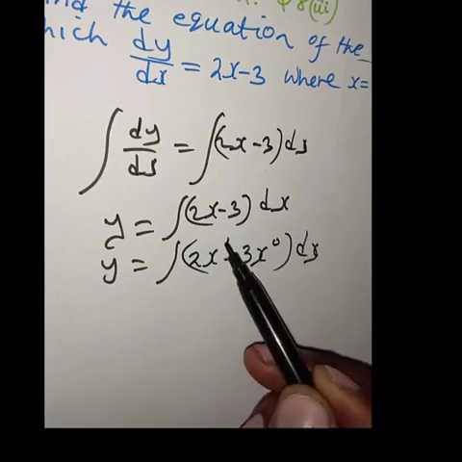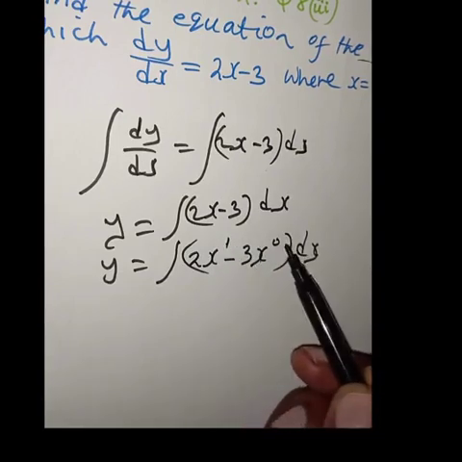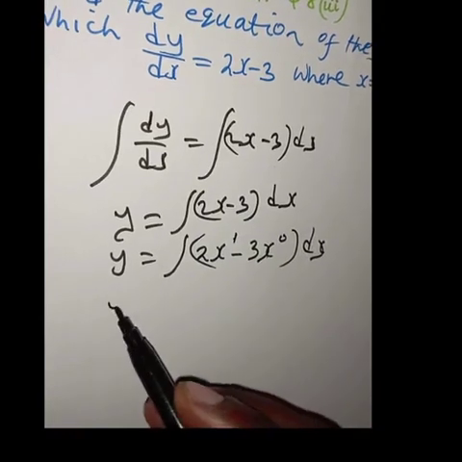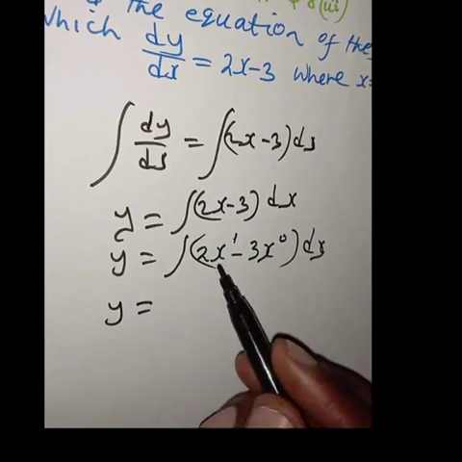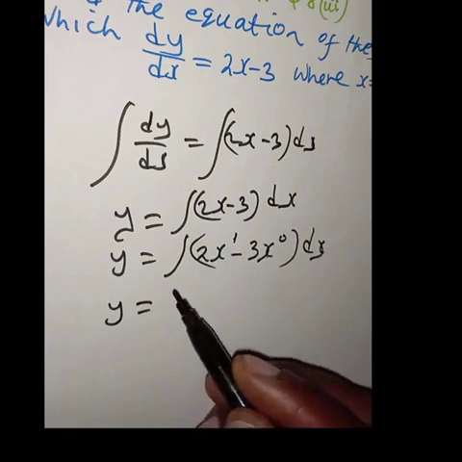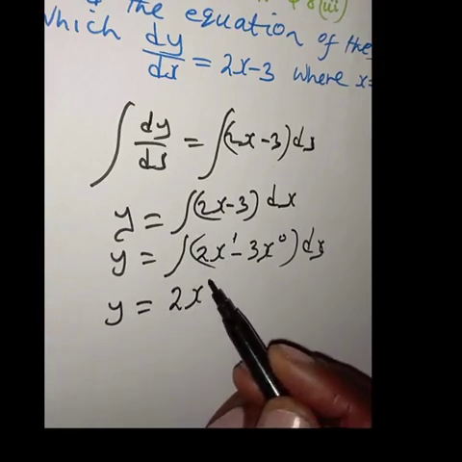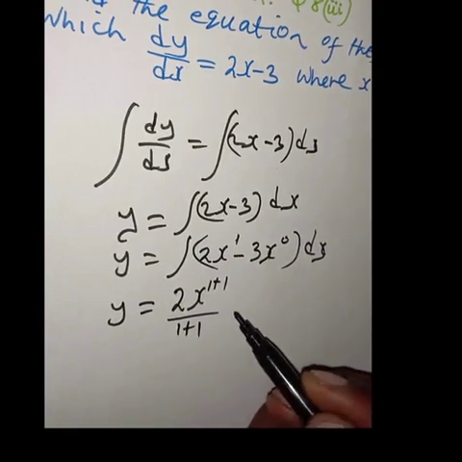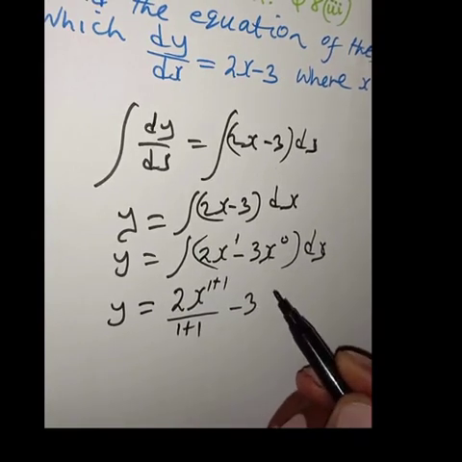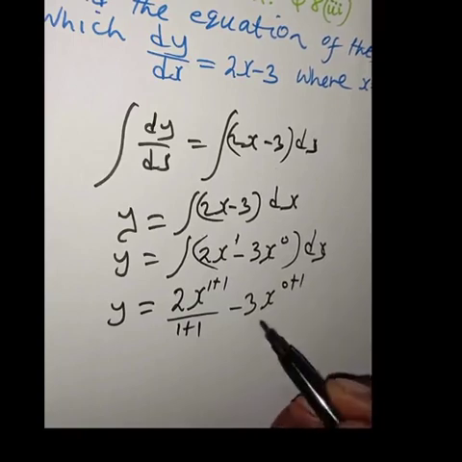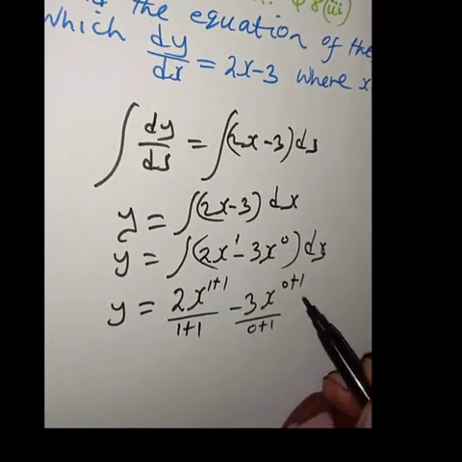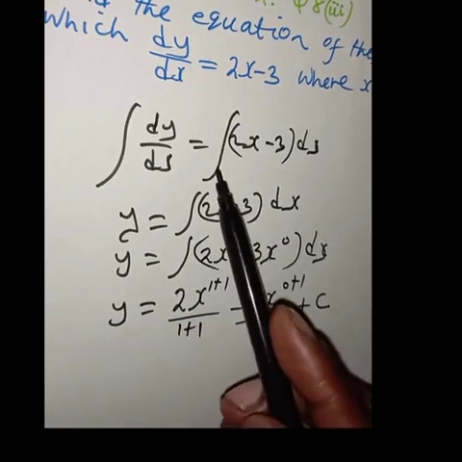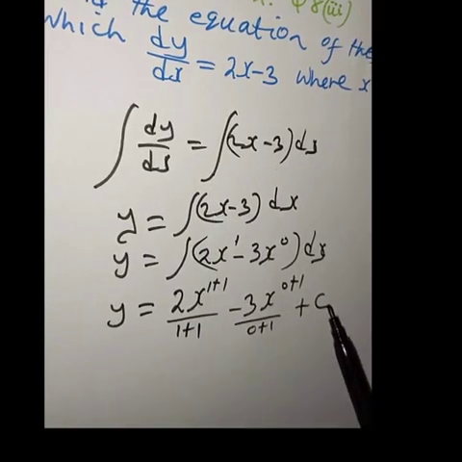As you can see, the powers must be descending, 1, 0. From there we need to integrate. We add 1 to the power and divide by the same new power. That's what we do under integration. Plus c. Remember, under indefinite integral we use plus c.